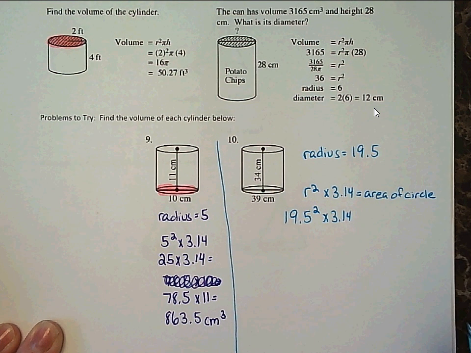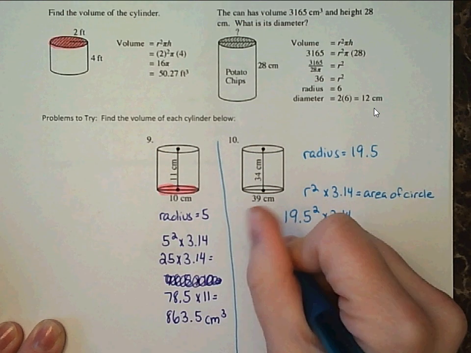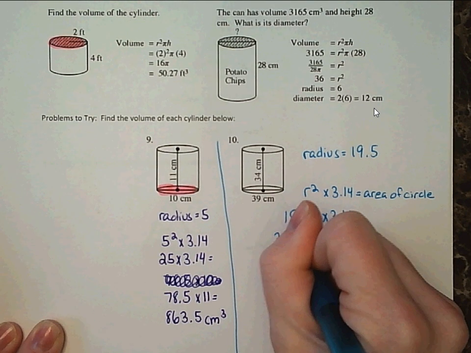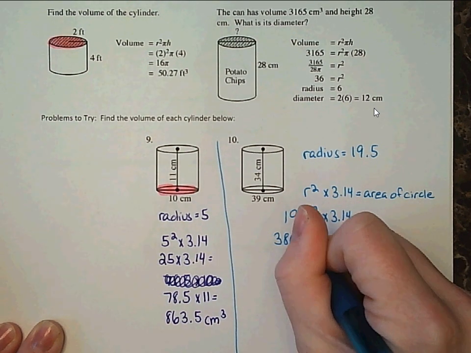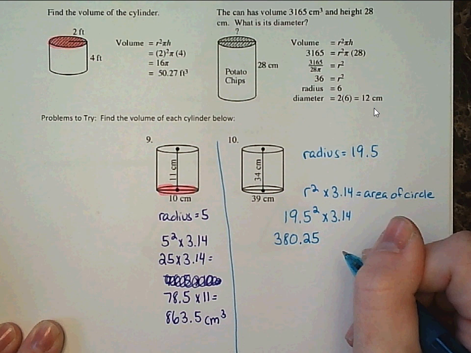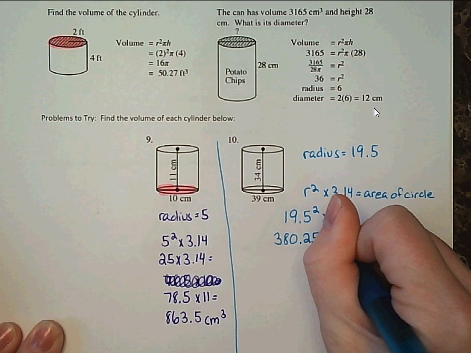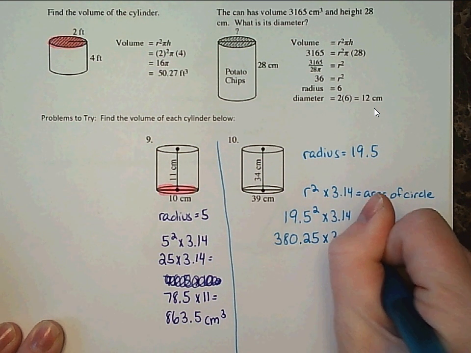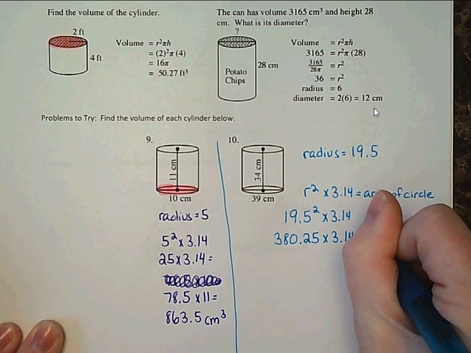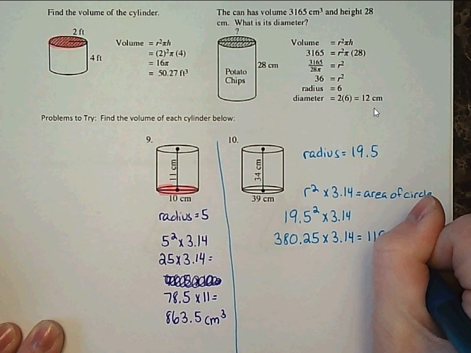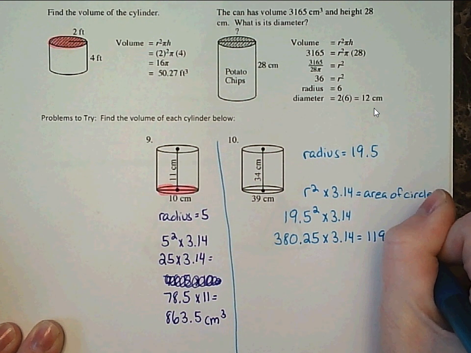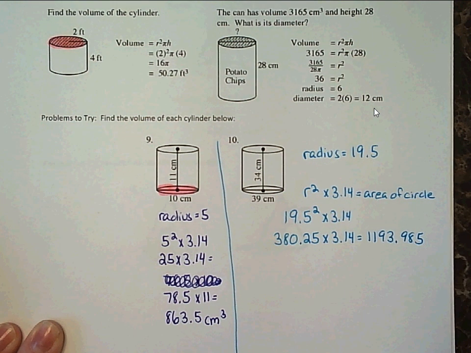Okay, so 19.5 squared, you can put it into your calculator, which is 380.25. And we multiply that by pi. And in that case, it's equal to 1,193.985. I know it's a long number.